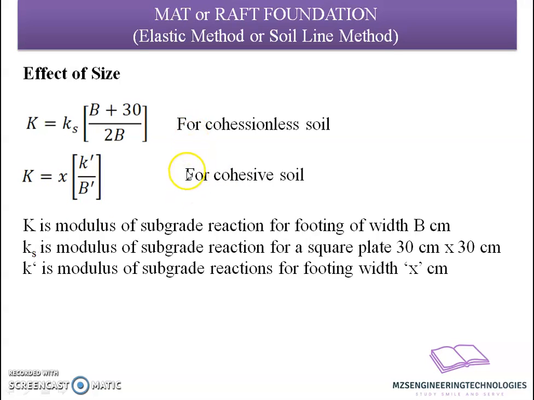These two formulas are recommended for two different types of soil. The very first one is for cohesionless soil and the second one is for cohesive soil. K is the modulus of subgrade reaction for a footing of width B centimeter. K is the modulus of subgrade reaction for a square plate 30 centimeter by 30 centimeter, and K dash is the modulus of subgrade reaction for a footing with width X centimeter.